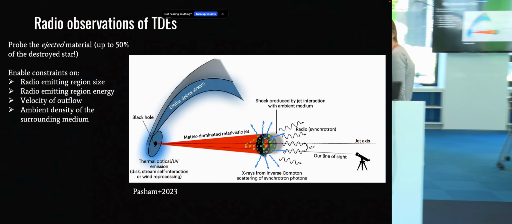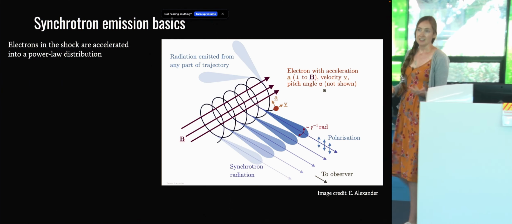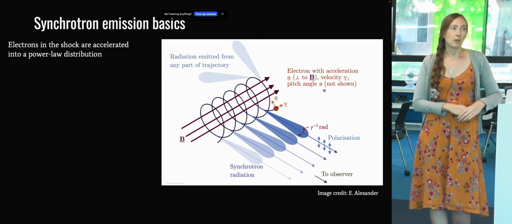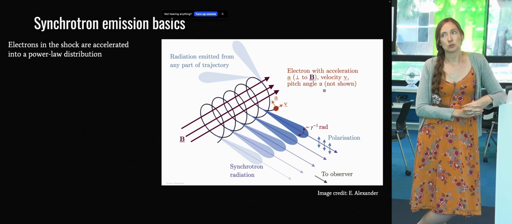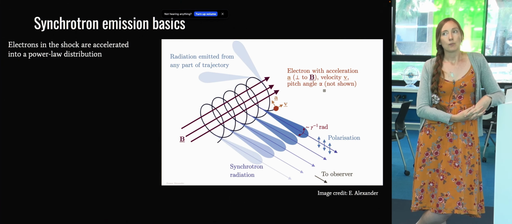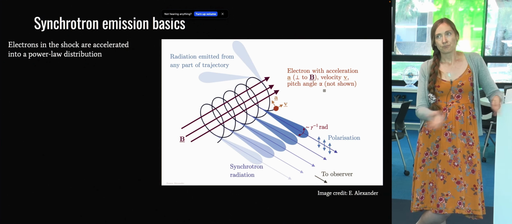But in order to understand why the spectra look the way they do, why they evolve on the timescales they do, and how to constrain the radio emitting region sizes and things, we need to know a little bit about synchrotron emission.